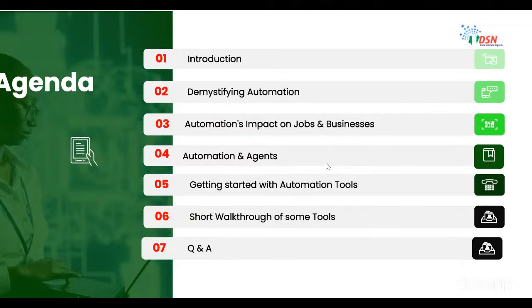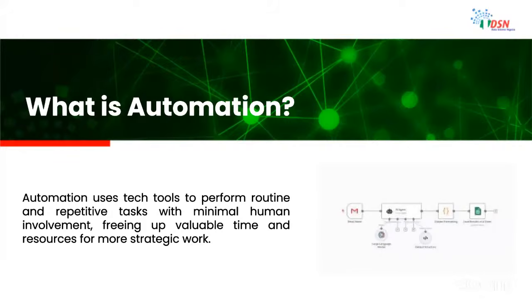All right. Next slide very quickly. So what exactly is automation? Just to set the ball rolling, there are tools available for you to provide a workflow in such a way that routine and repetitive tasks are performed by set tools or platforms.